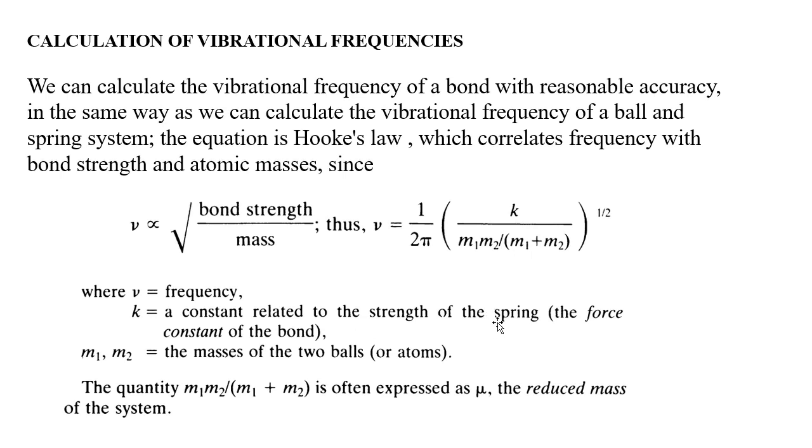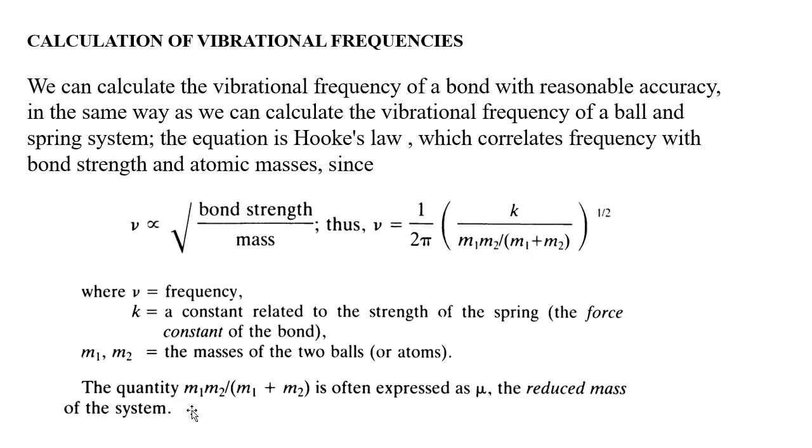Here k is the force constant of the bond, and m1 and m2 are the masses of the two balls. Here these are atoms. You know, the bonds are considered as springs and atoms are considered as balls in this system of calculation of vibrational frequency according to Hooke's law.